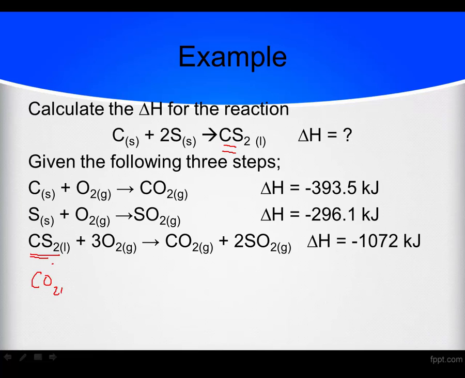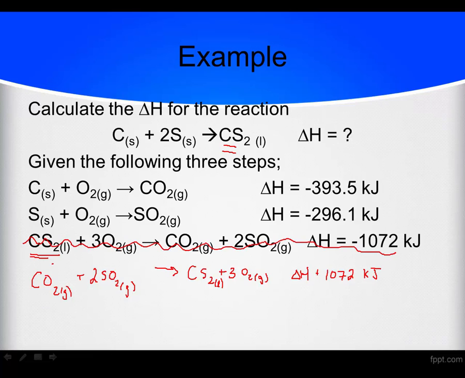I'm going to rewrite this one to look like this. And the delta H winds up getting flipped as I do that to be a positive 1,072 kilojoules. Okay, so that's one of the changes that needs to be made.